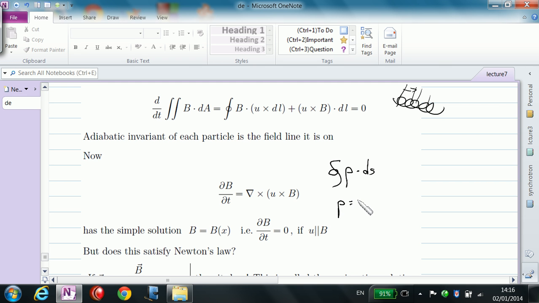Now P is equal to mv minus e A over c, right?